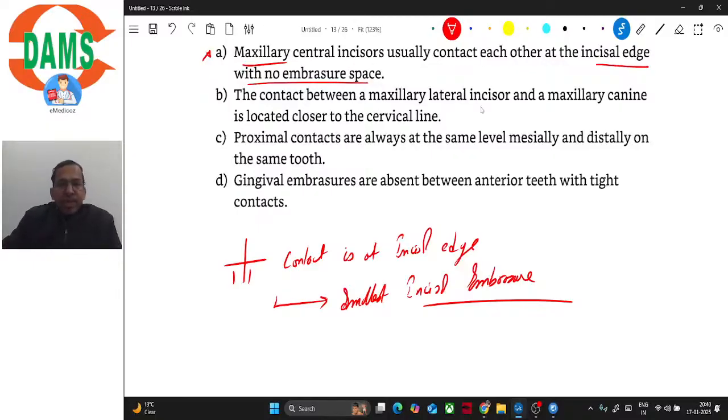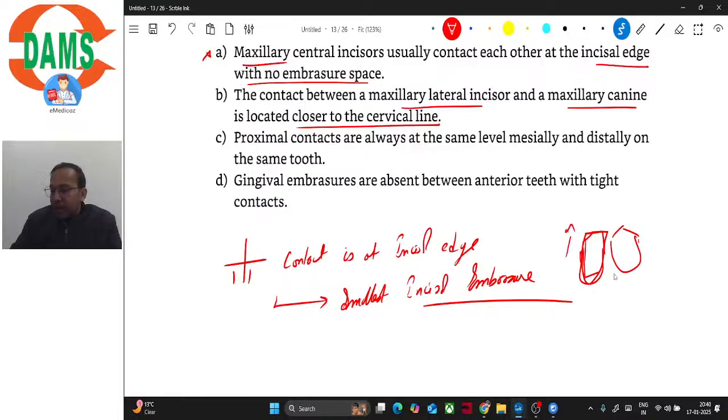The contact between the maxillary lateral incisor and maxillary canine is located closer to the cervical line. So always remember that in any tooth, the mesial contact would be higher and the distal contact would be lower, right?